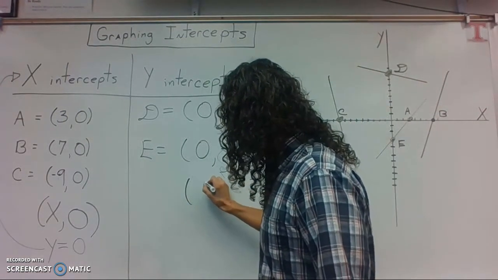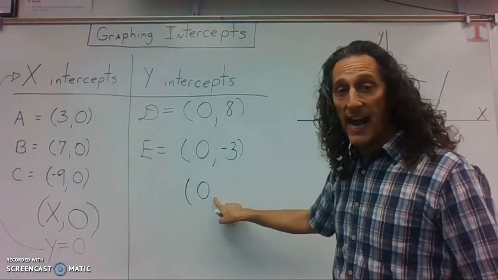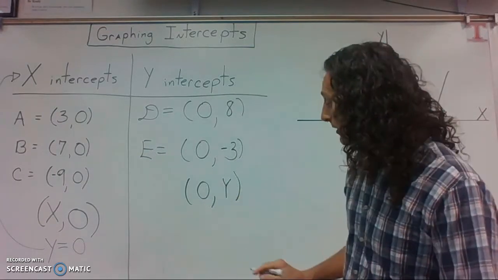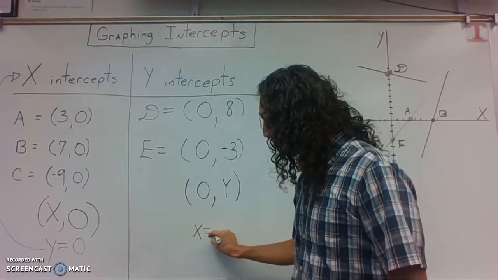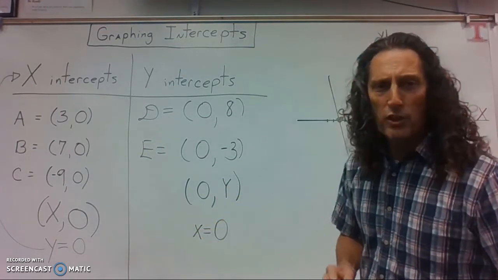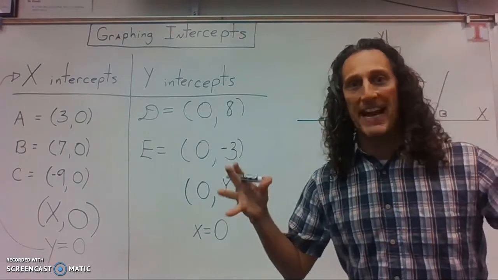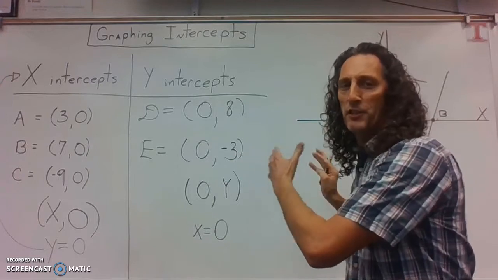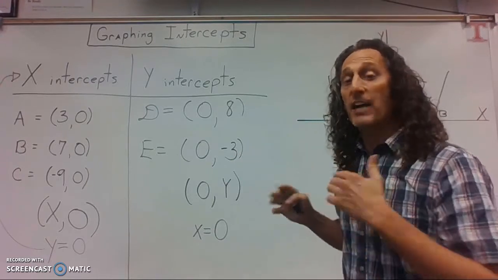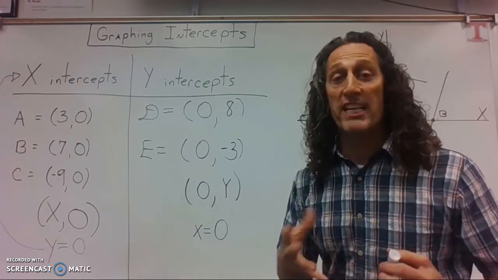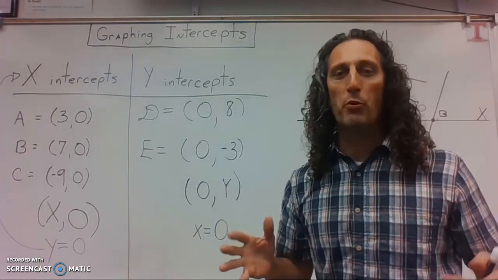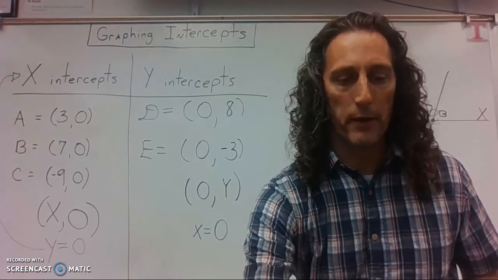You have 0 for the x, and then some number for y. This is the main idea of graphing with intercepts. You're going to see how this makes graphing a line that much easier. You're going to love it because it's going to be less work than that horrible table graphing. You'll see in a little bit.